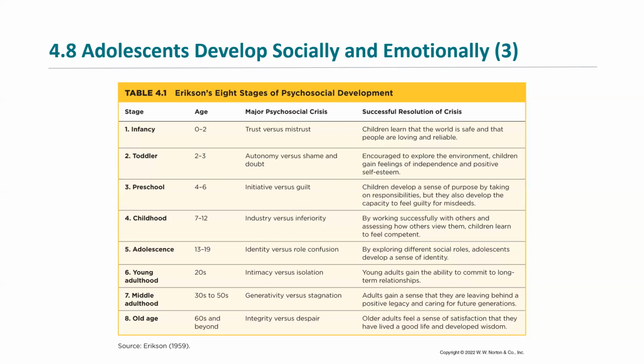In adolescence, the key task or crisis is to develop a sense of identity. Imagine you don't do that, and you haven't really thought about where you're heading in life, or who you are, or what you believe in or value, and you move into the young adulthood stage where you're supposed to be developing long-term intimate relationships. It might be pretty hard to do that if you don't have a sense of who you are.